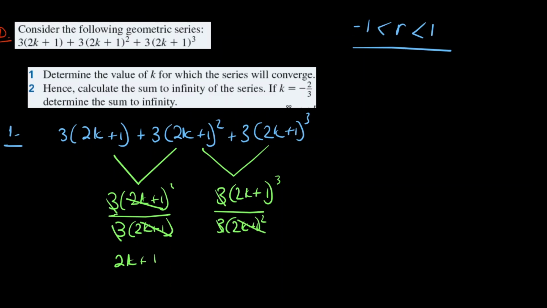These will cancel, that will cancel, you'll be left with 2k plus 1. Means our r value is 2k plus 1, but they said you must calculate the value of k for which it will converge. So therefore we substitute our r value.